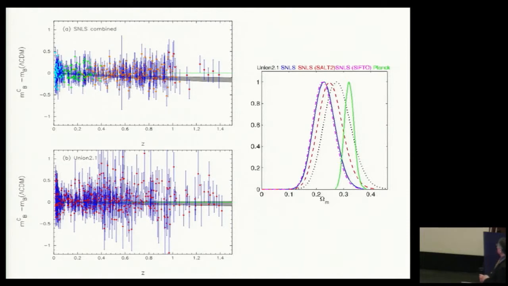So to continue making enemies amongst the rest of the astronomical community, I'll tell you what happened when we looked at supernovae. So this is the SNLS compilation. It uses the Supernova Legacy Survey objects, supernovae at intermediate redshifts, combined with SDSS supernovae, local supernovae, and HST supernovae at high distances.